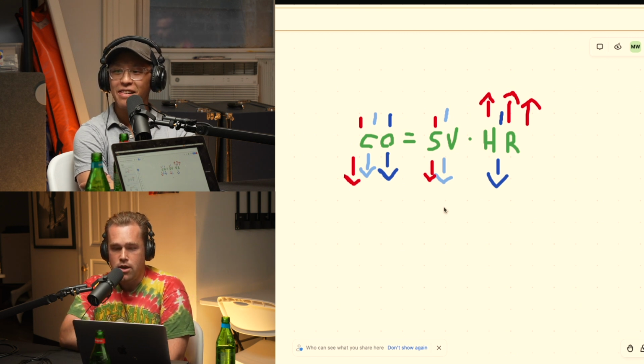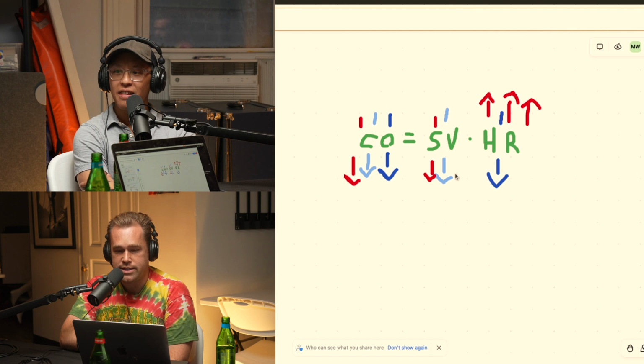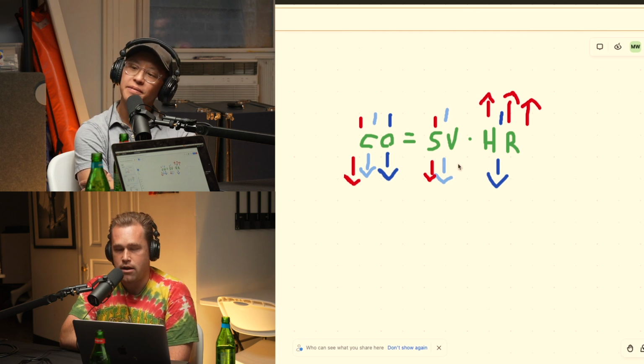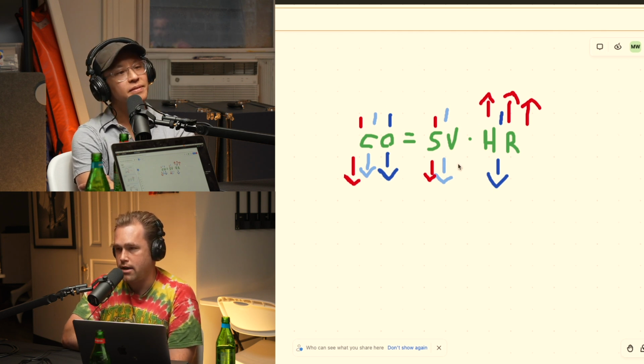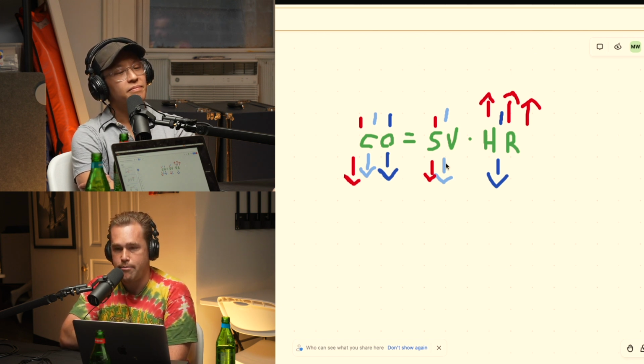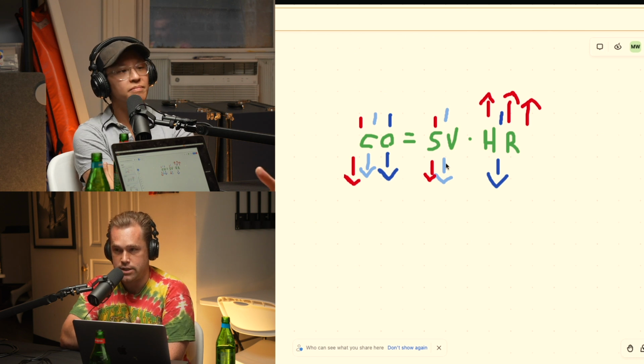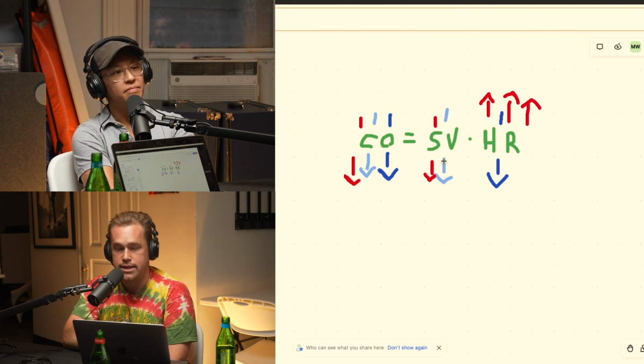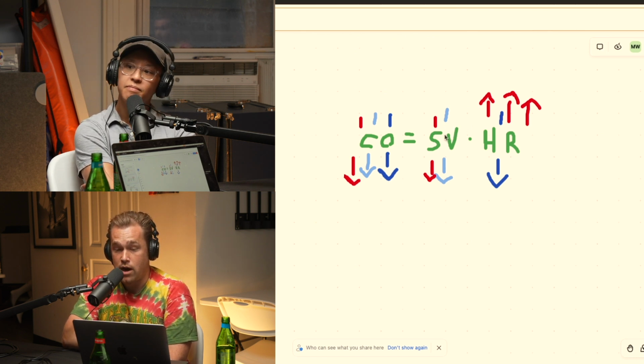So there's a few different things that can happen. I described heart failure. Let's say you have a massive MI and it makes your heart weak. So your left ventricle is weak. It's not pumping out blood as efficiently or as strongly as it once did. So that is going to drop stroke volume.